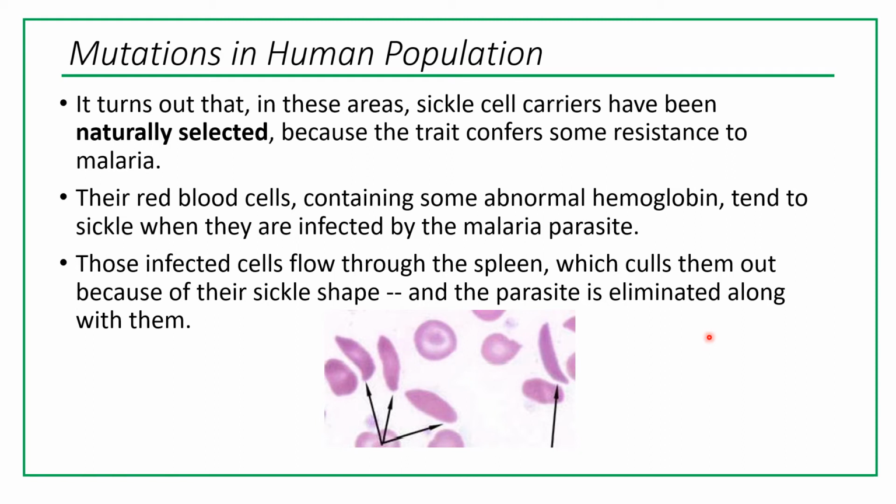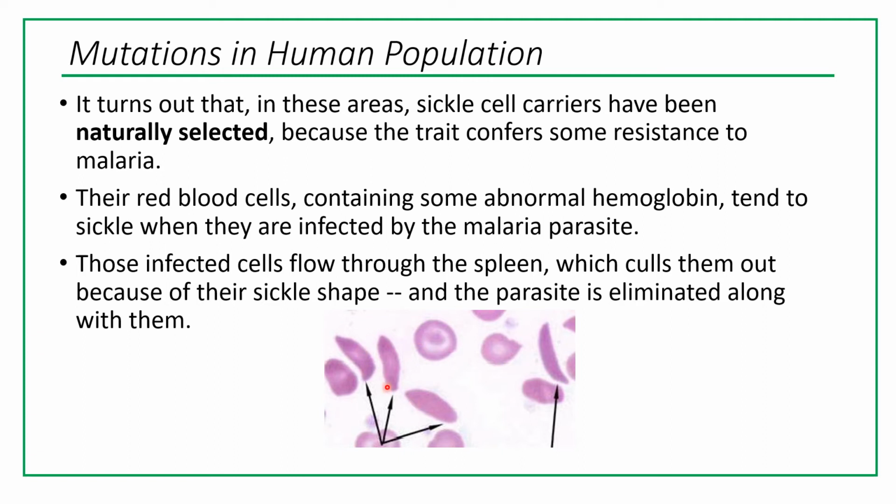Okay, so it turns out that in this area, sickle cell carriers have been naturally selected because the trait confers some resistance to malaria. Their red blood cells containing some abnormal hemoglobin tend to sickle when they are infected with the malaria parasites, and those infected cells flow through the spleen, which cuts them out because of their sickle shape, and the parasites are eliminated along with them, right?